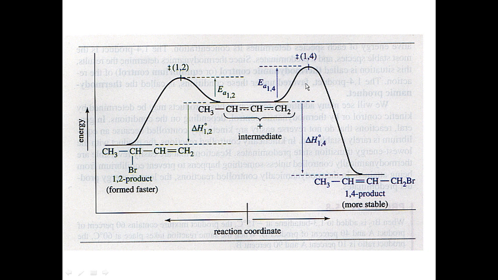Well, it does when you put together this reaction coordinate diagram. And so let's go through some of the features here, because this answers the question of why. Why does this happen? Not why am I going over this because we need to understand this, or why am I taking this class, but why can I change, or how can I change, and why does this change the major products?